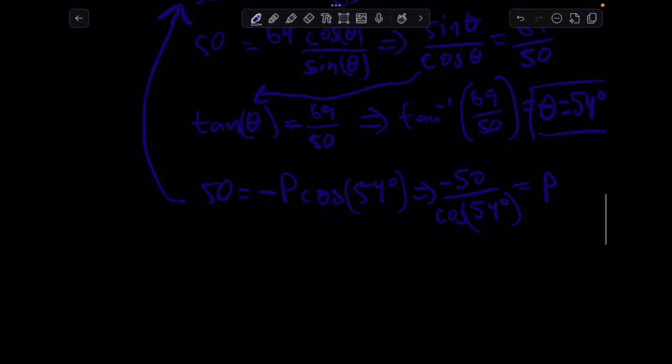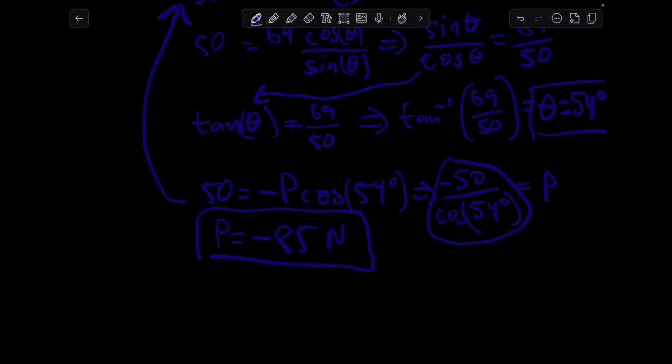Okay, so after solving this for P, we get that P equals this right here. I used a calculator, and that equals minus 85 newtons. So that's our P.